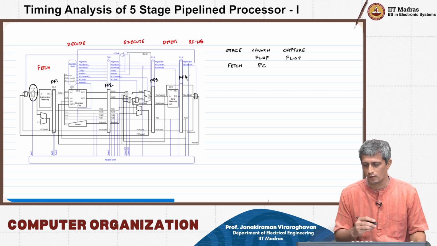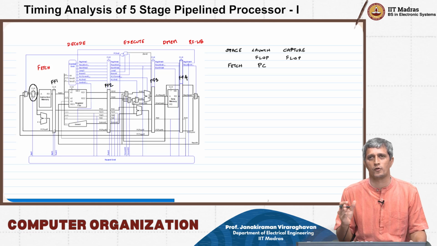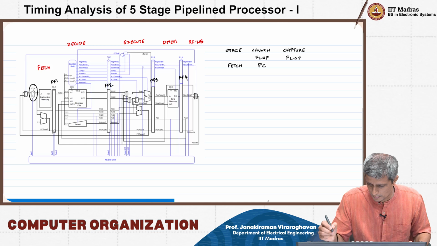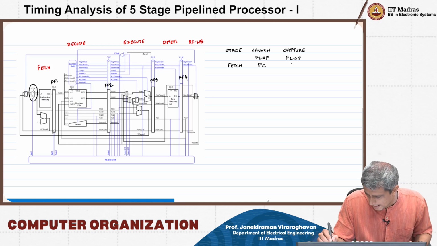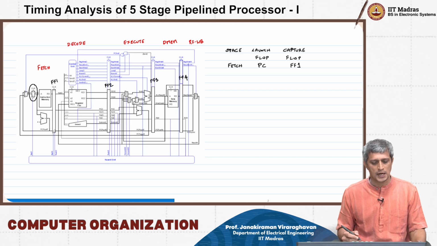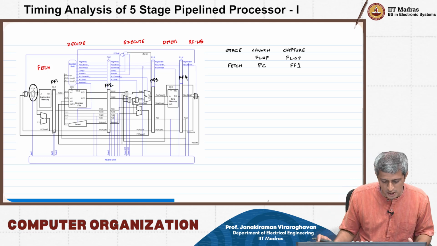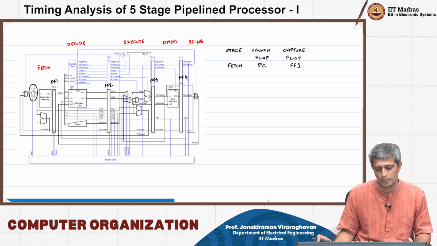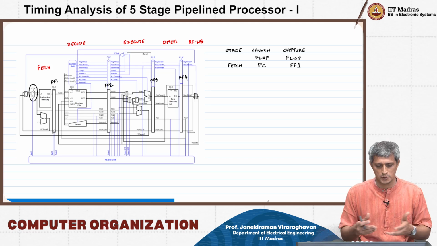So we have put 4 additional flip-flops in this pipelined processor. Therefore, the capture flop is FF1.